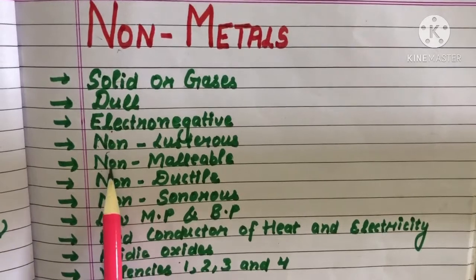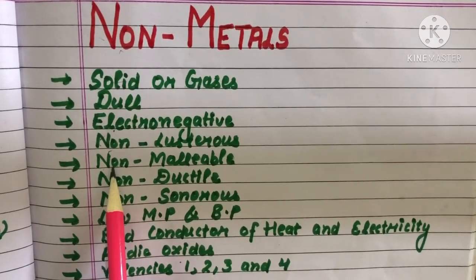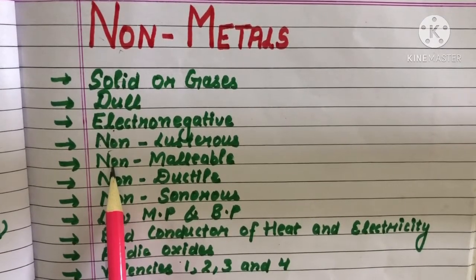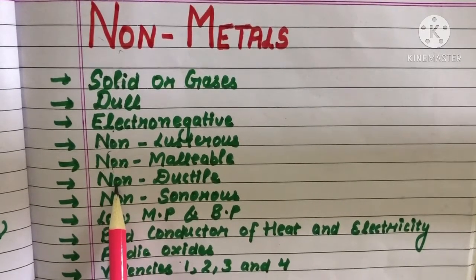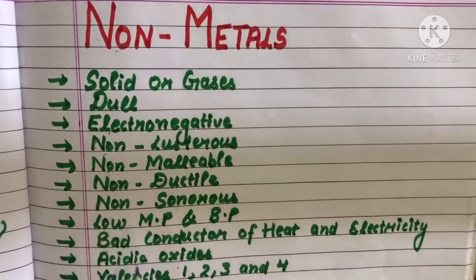Then non-metals are non-malleable, means they cannot be beaten into thin sheets. Non-metals are non-ductile, means these cannot be drawn into thin wires. These are non-sonorous, means they do not produce that much sound as compared to metals.